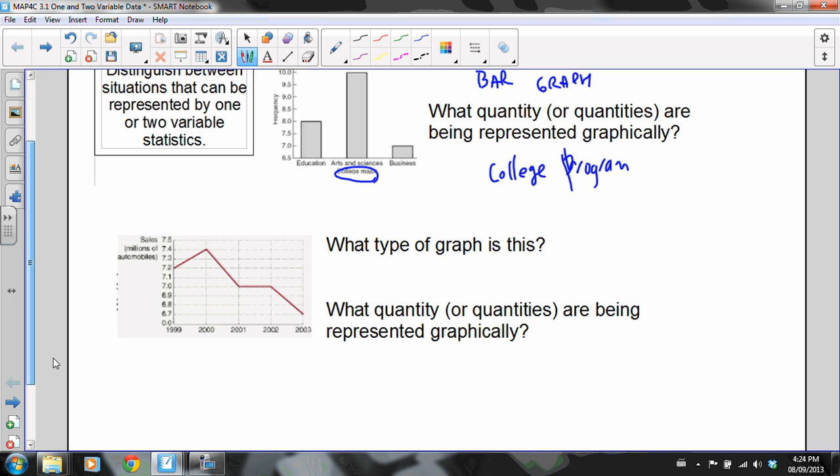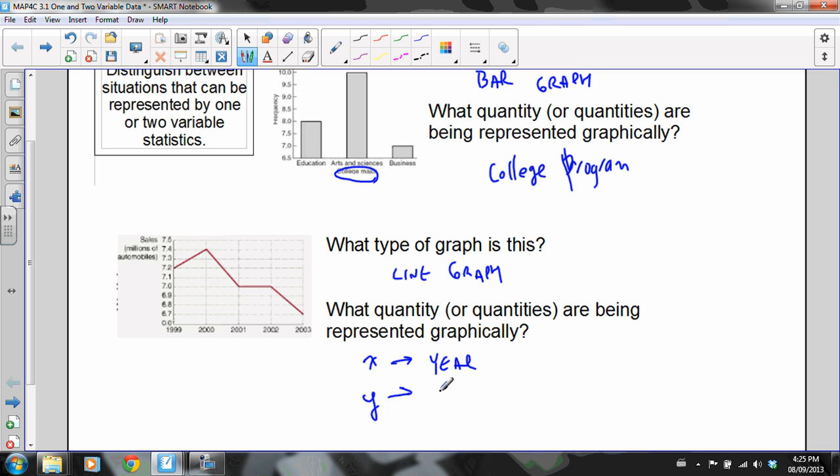The second one, what type of graph is this? Well, this is a broken line graph or a line graph, and we've seen those for many, many years. What quantity or quantities are being represented graphically? Well, along the x-axis, we've got the year, right? And then on the y-axis, what is it? It's maybe hard for you to read, but it says sales in millions of automobiles.